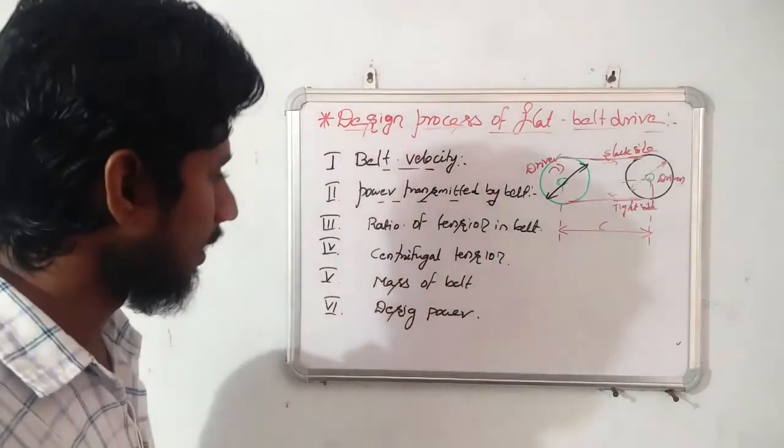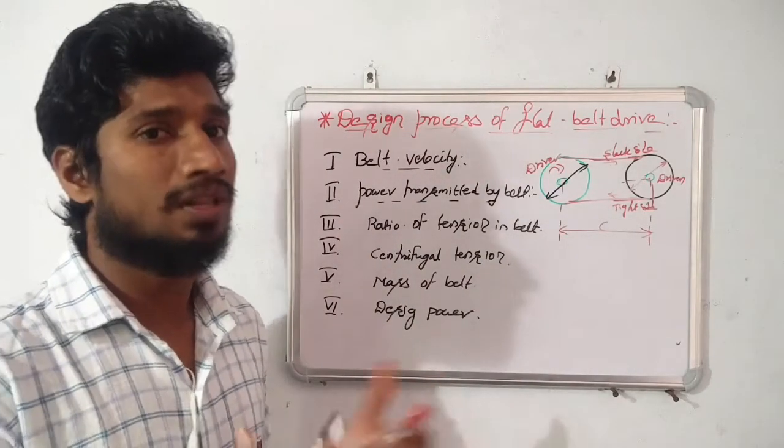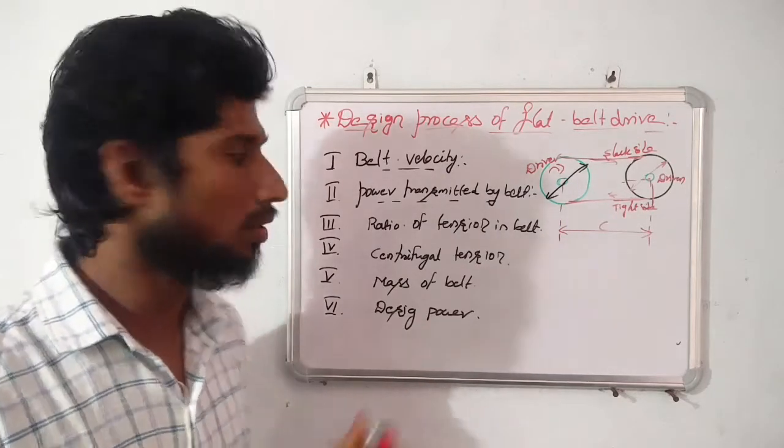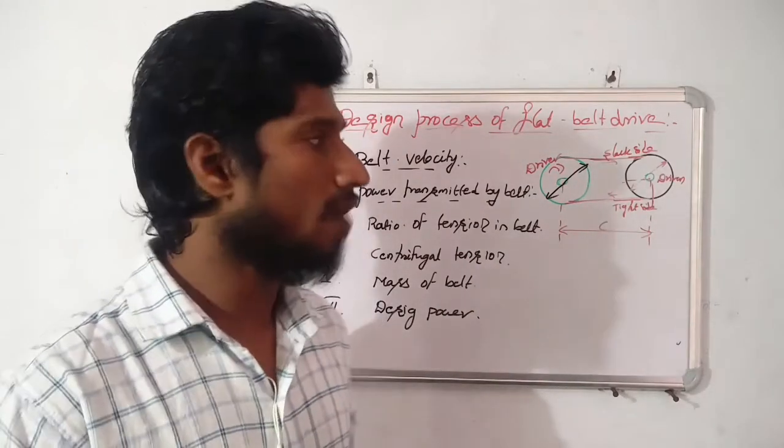And finally, design power. So what is the design power required for the given conditions or given applications of the belt? So these are the major steps involved in the design of a flat belt drive.